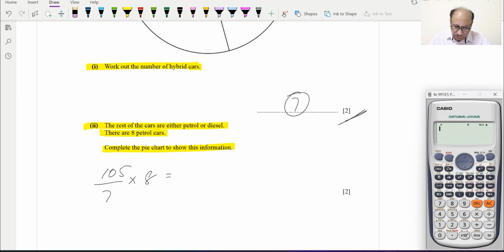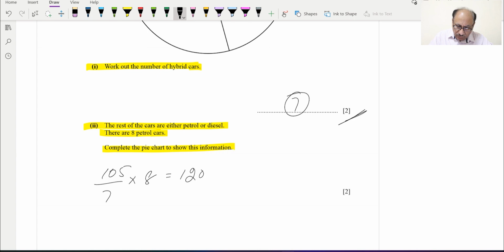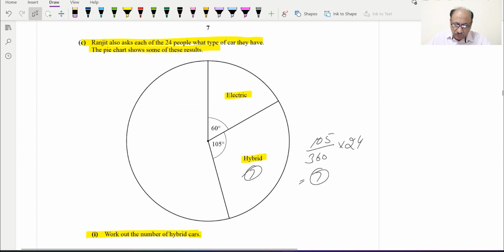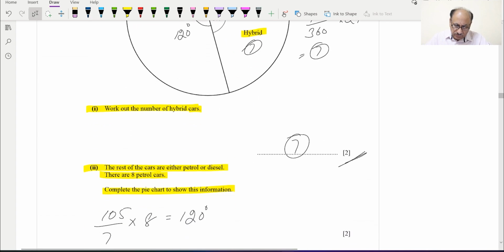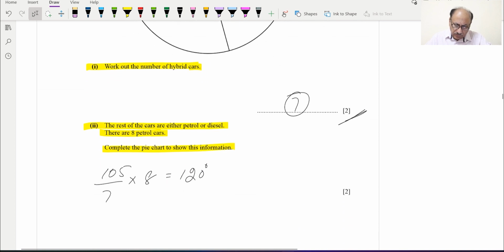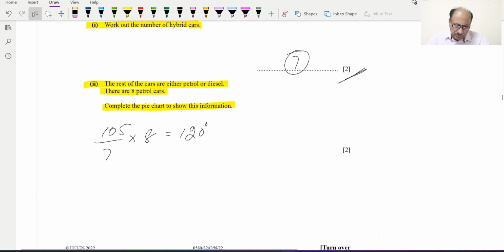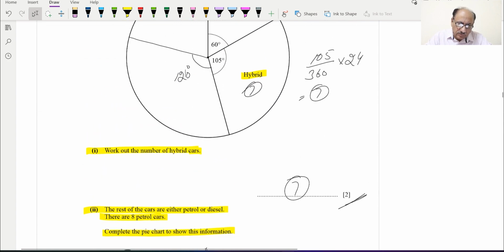If we calculate 105 over 7 and multiply by 8, it will be equal to 120. So we can draw a 120 degree angle, roughly, I'm drawing roughly on screen. So this is 120 degrees, which represents the 8 petrol cars. So these are petrol cars.